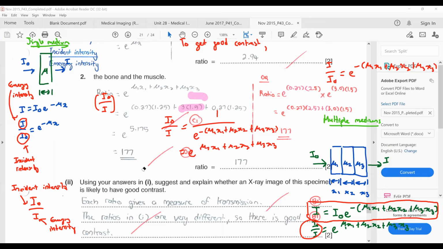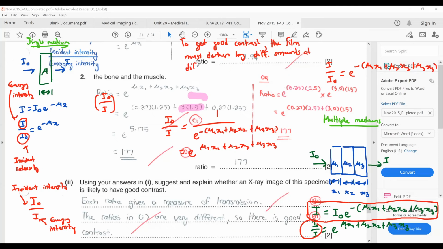Last week, when I did this for you, when you want to produce an X-ray image and get good contrast, it was mentioned that the film must darken by different amounts at the different regions.